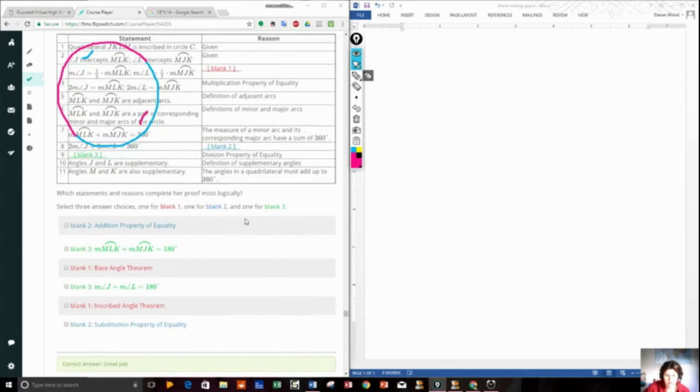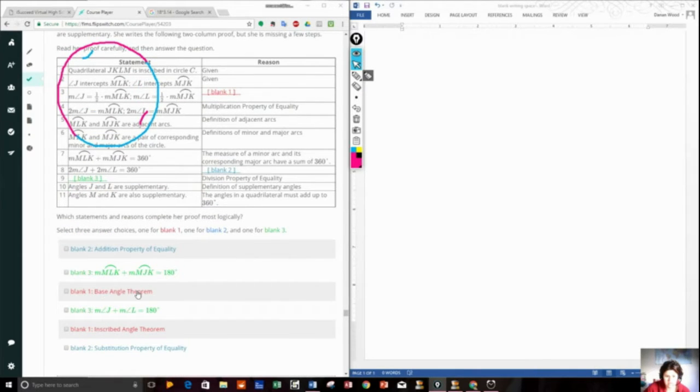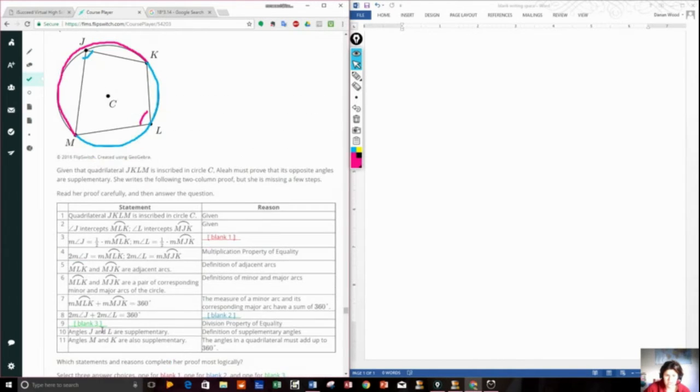Blank 1. Well, is it the base angle theorem, where the angles of the triangle, or is it the inscribed angle theorem? And that is the inscribed angle theorem. It says that the inscribed angle, so the angle J, is 1/2 of the measure of the arc that it cuts off.